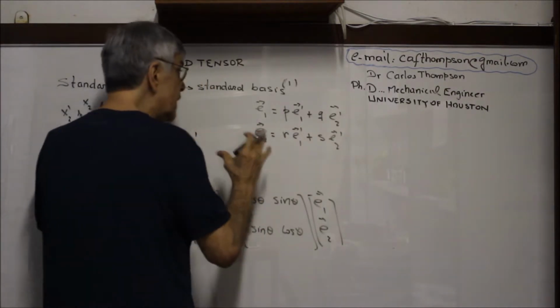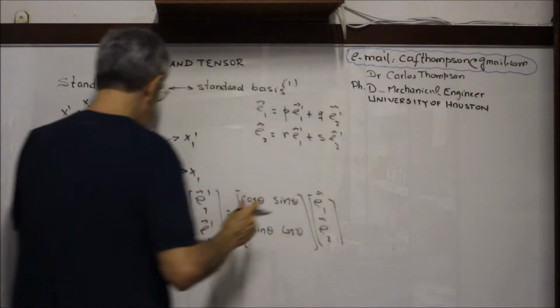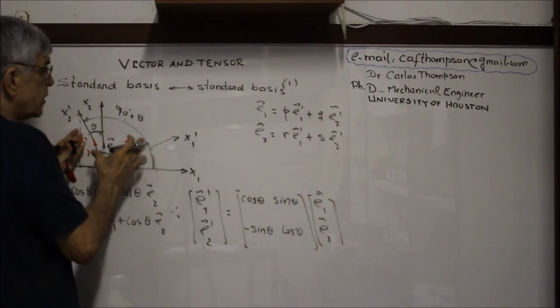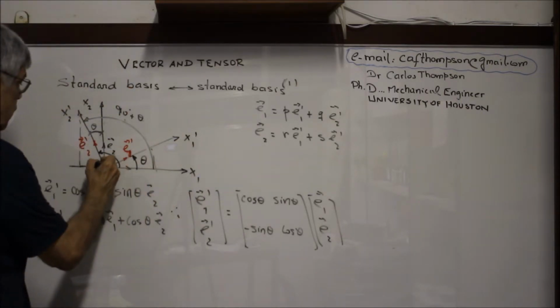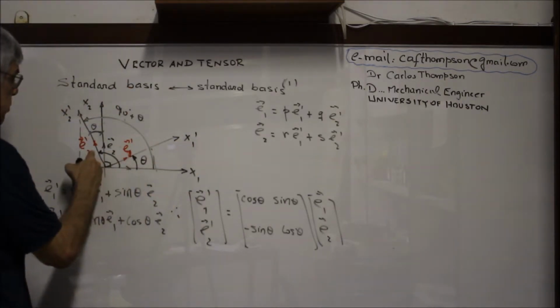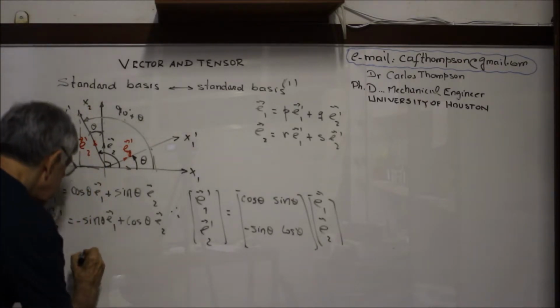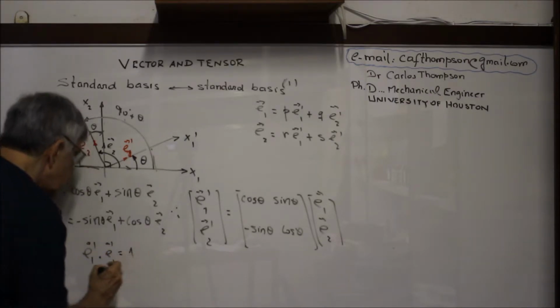Now, since E1 prime and E2 prime belong to a standard basis, they are perpendicular to each other. So, if you write E1 prime dot E1 prime, this will be 1.